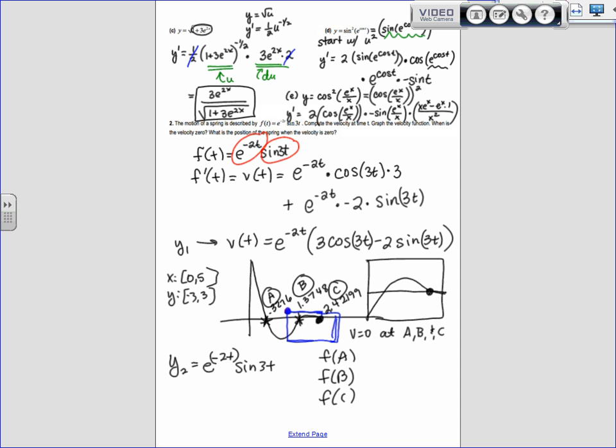Now, Y1's all giving me 0, right? That was the block one. That makes sense. We just found when it was equal to 0, right? But Y2 is giving me the position at those points. If you need to arrow over to see more digits, you can, but it's 0.432, negative 0.053, and 0.007.